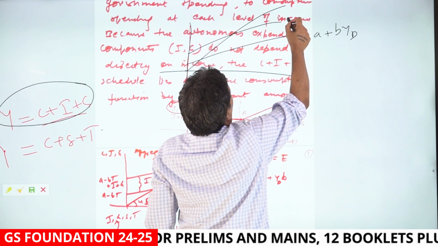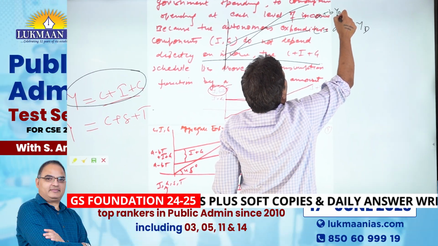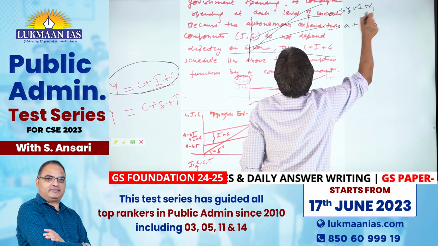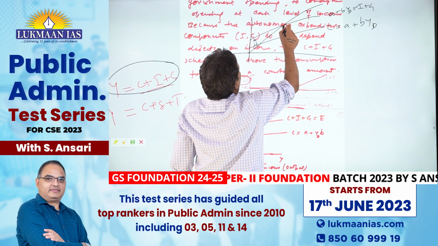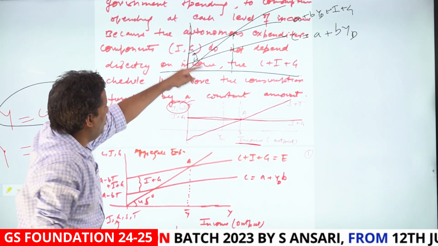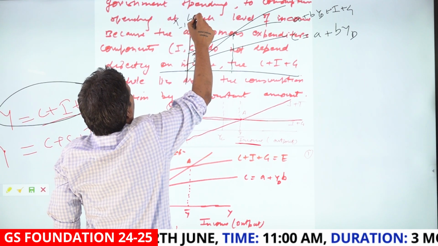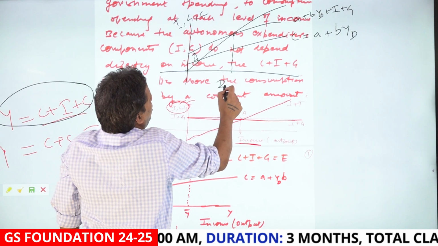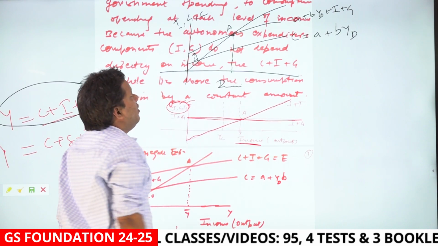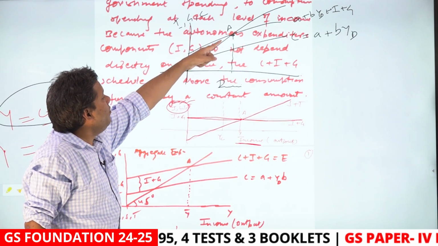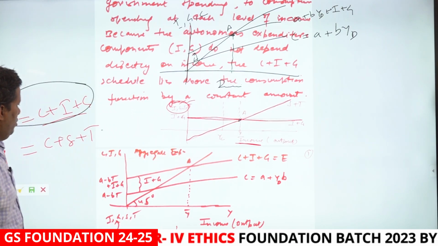Then you added I plus G, and this shift was I plus G. So these two have to be read together. This graph is for I plus G plus C. This again is your income. So from here you have to visualize. According to the income-expenditure method, this is my equilibrium point, and according to the income method, this is my equilibrium point, right?